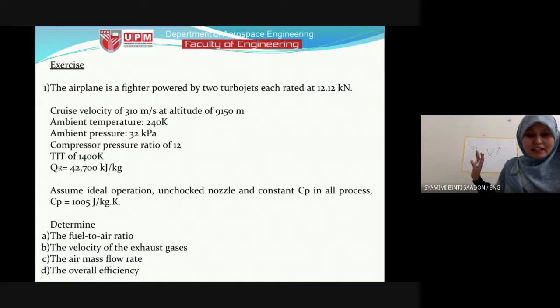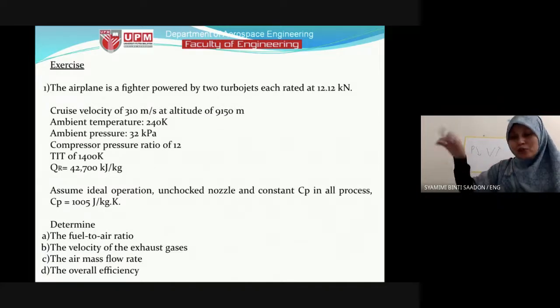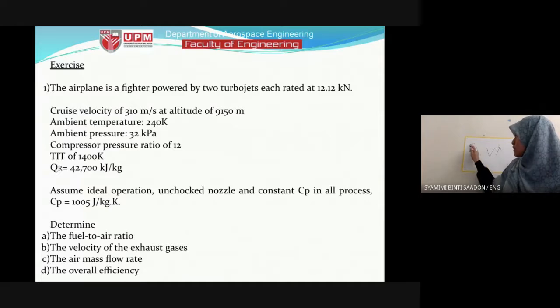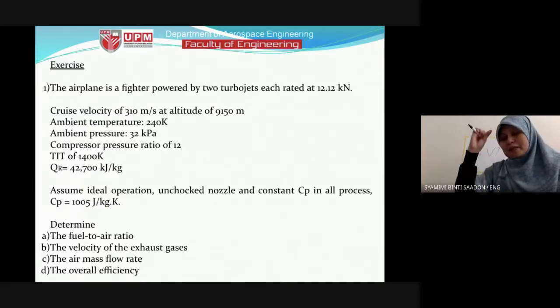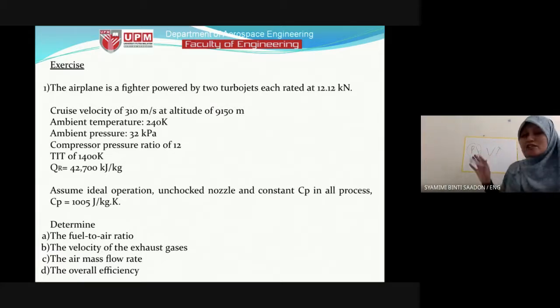So for a Venturi tube or convergent divergent nozzle, we keep decreasing the back pressure, the pressure at the end, so that the velocity will increase.